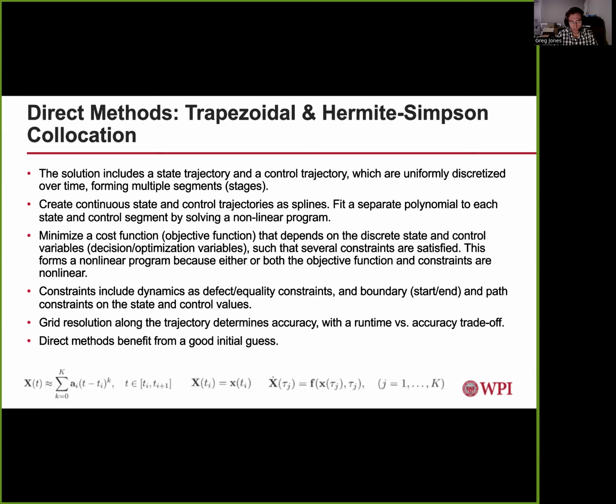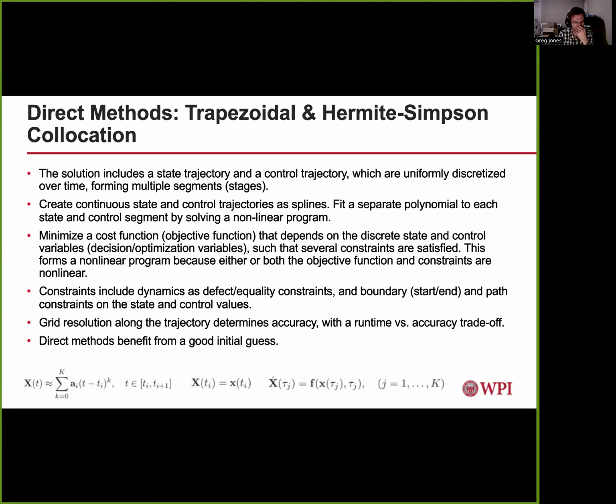So you can think of it as concatenated polynomials, one for each trajectory segment, and the problem gets solved using a nonlinear programming solver. A cost function needs to get minimized, which depends on the discrete state and control variables, which act as the optimization variables. They need to be selected. And then several constraints need to be satisfied too.